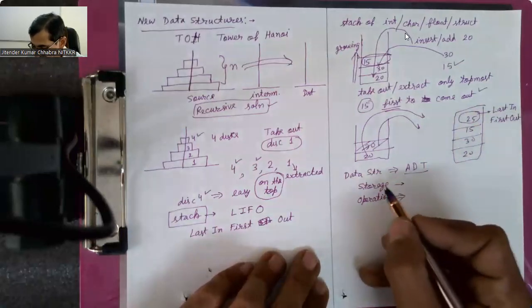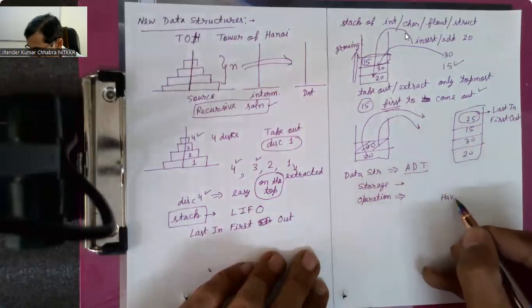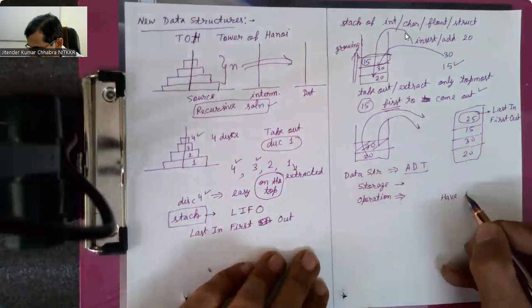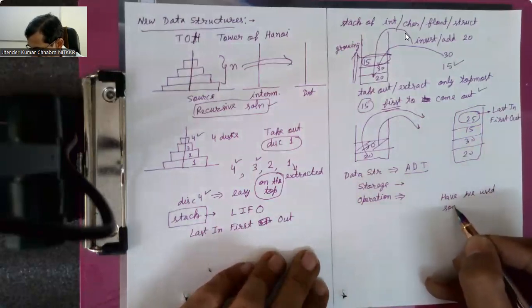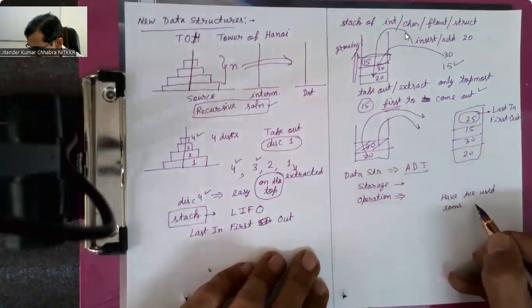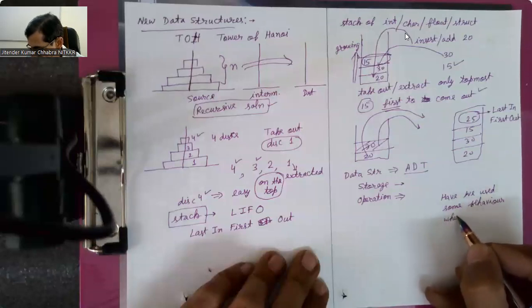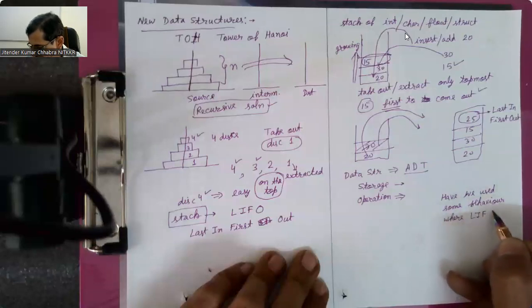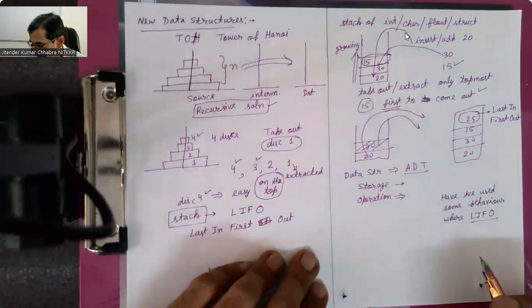But before that, let's recall, have we discussed some application of stack? Have we used some behavior or discussion where LIFO behavior was used? Last in, first out, the one which started last was the first to finish or complete.